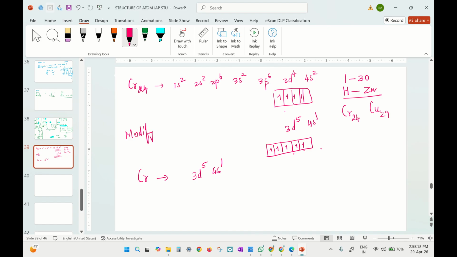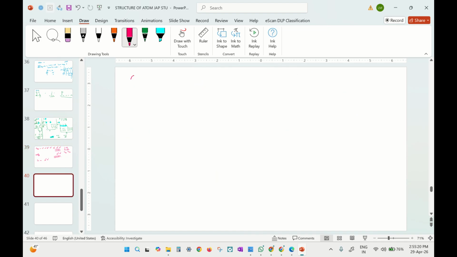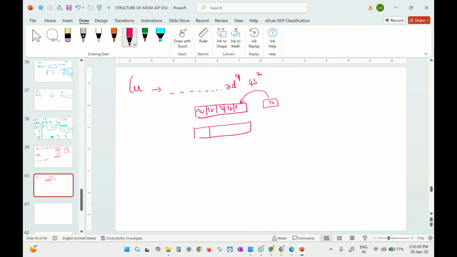Are we clear? Okay. Similarly, for copper, as per our way of filling up the electronic configuration, it would be 3d9 and 4s2. But 3d9 again seems to be partially filled. Here the 4s is completely filled, with no exchanges in it. So one electron will shift into the 3d9 and that makes it completely filled.